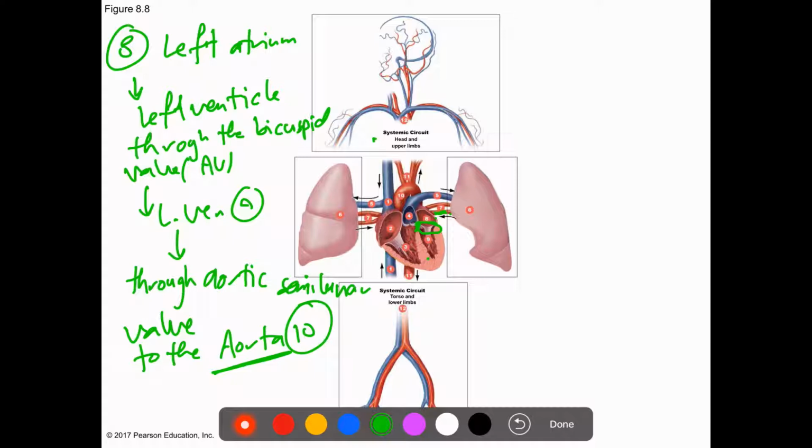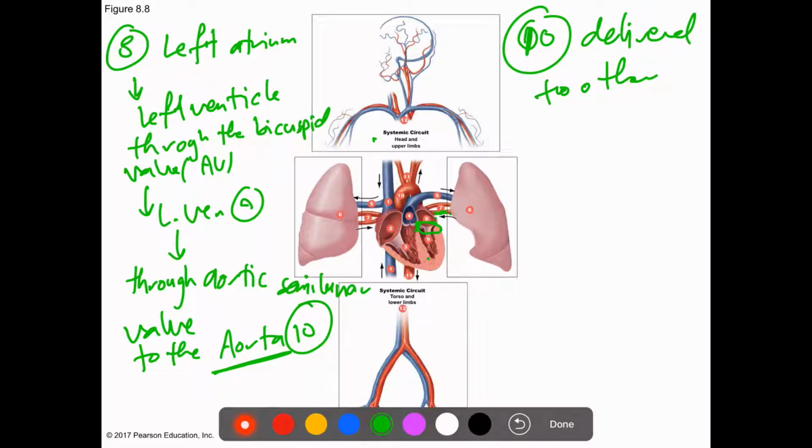And from there, from the aorta, from number 10, it will be distributed or delivered to other arteries, which will carry the blood.